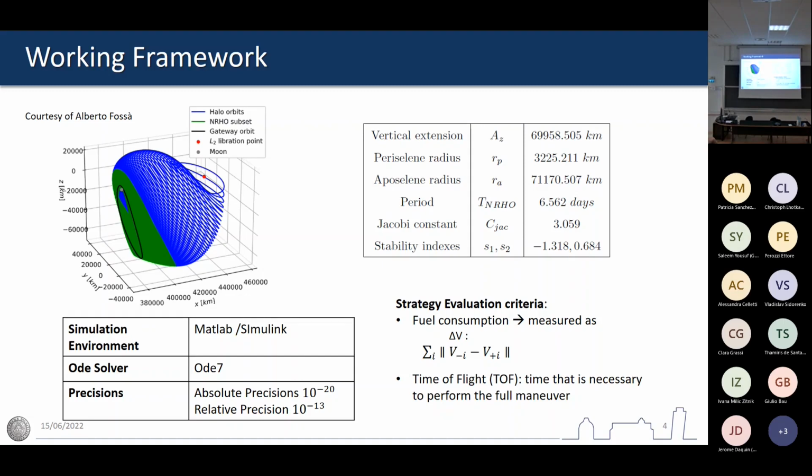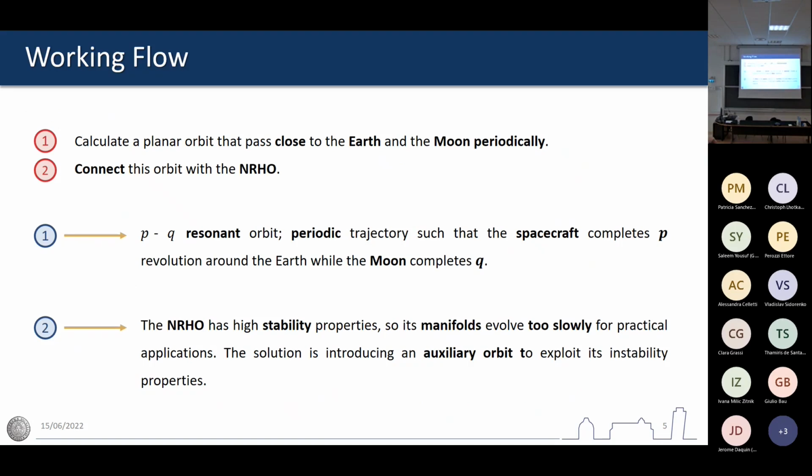For this work, I will evaluate the goodness of the strategy in terms of fuel consumption, so delta V, and time of flight. I want to save fuel to go back and forth more, and I want to go back and forth as fast as possible. The idea is to find a resonant periodic orbit that connects the Earth and the proximity of the Moon.